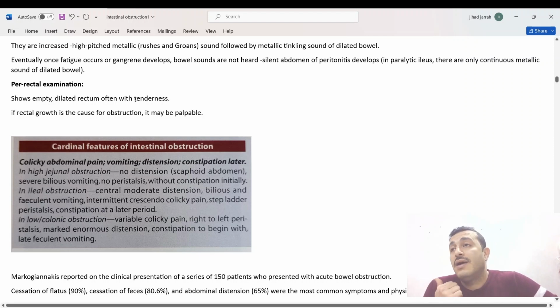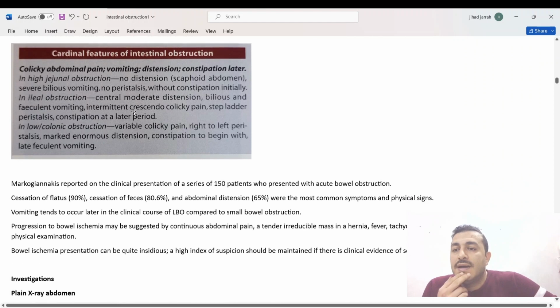Is there any problem, hyperspastic or extremely flaccid? Any benign anal conditions, fissures, on inspection. Also, we can feel masses. We can feel the prostate. Any rectal masses can be felt in the distal rectum. Also, if there is stool, is it empty? If there is stool, this will also help us.